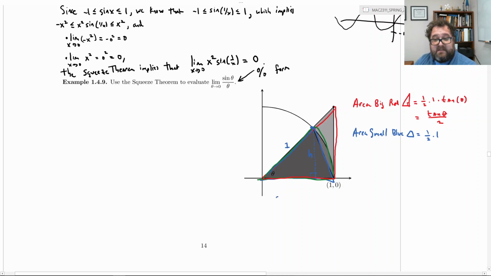We could say that sine theta equals opposite over hypotenuse, so h over 1. In other words, h equals sine theta. So we have 1/2 times 1 times sine theta, that's just sine theta over 2. So that's the area of the blue triangle.